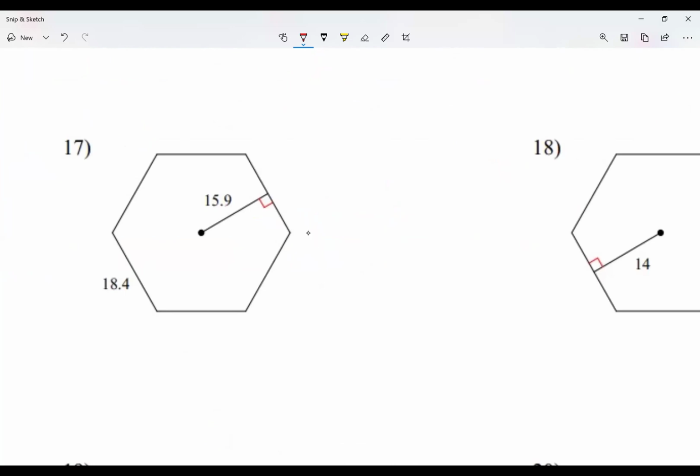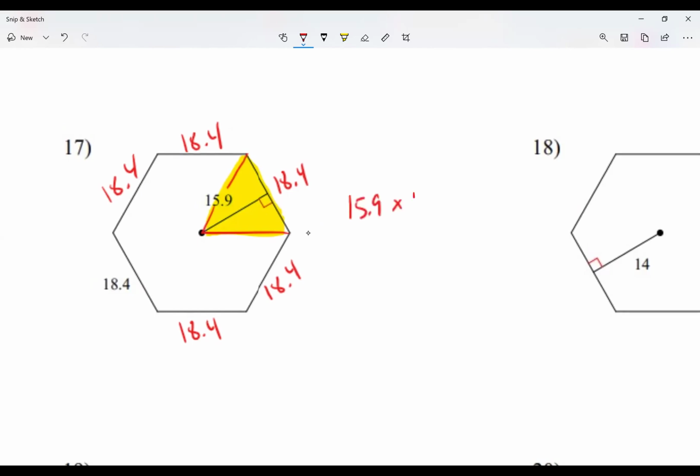Because one side is 18.4, I'm going to say all these sides are 18.4. And I'm trying to form a triangle here. This is the triangle I'm working with. I know for that triangle, I have to go 15.9 times 18.4 divided by 2.